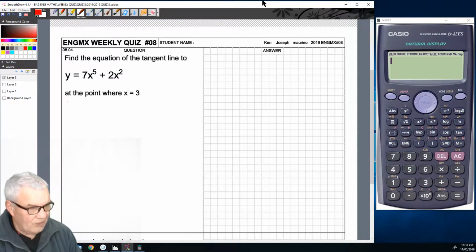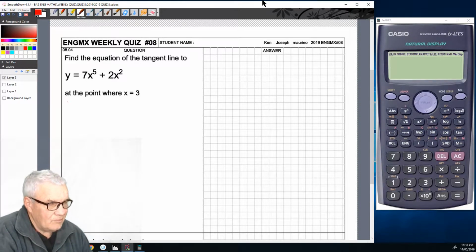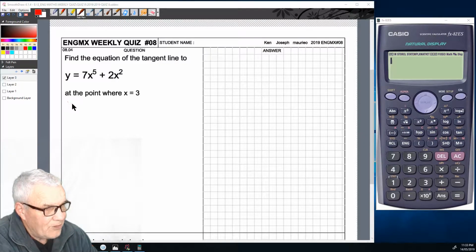Okay, so the slope of the graph, dy by dx, gives us the slope of the graph. So dy by dx equals 7 times 5 is 35x to the power of 4.